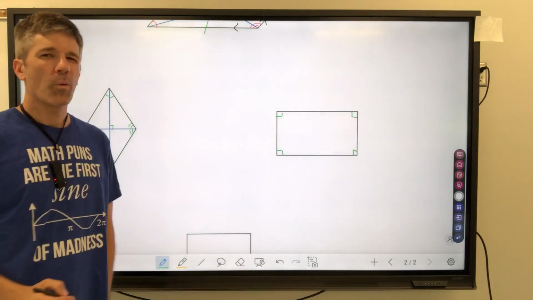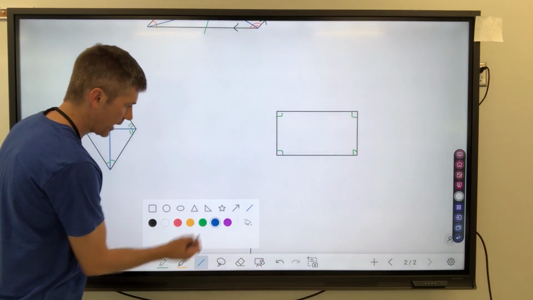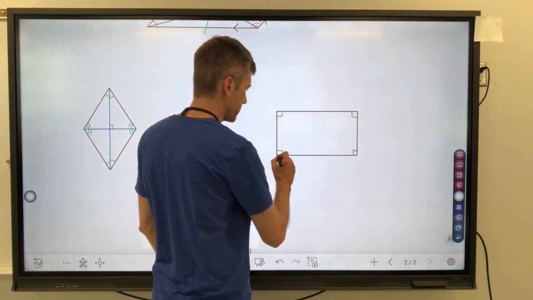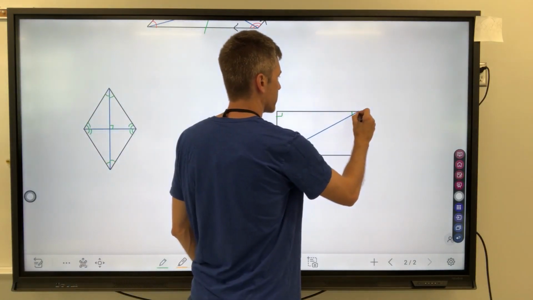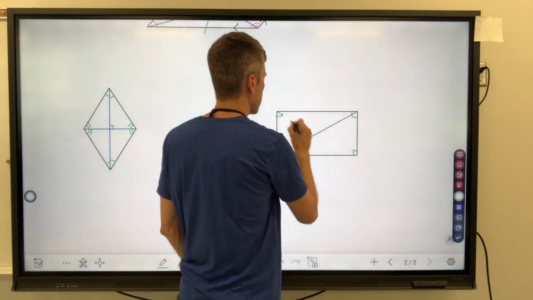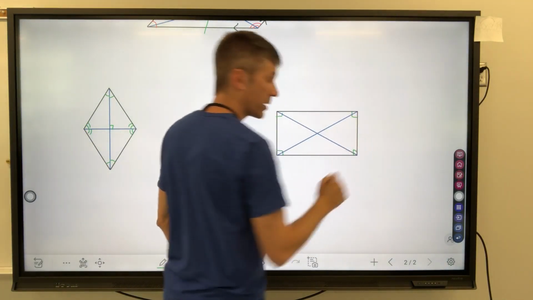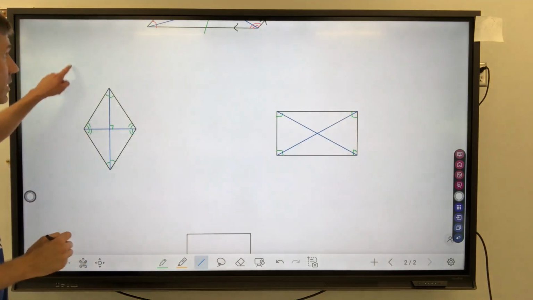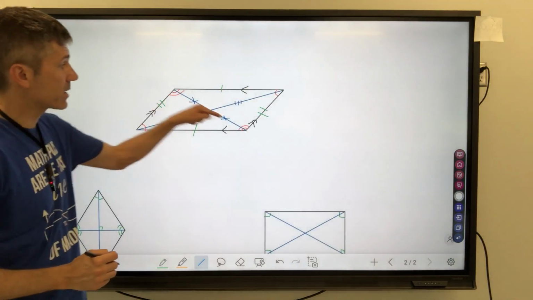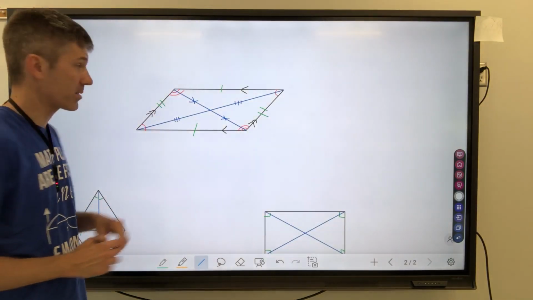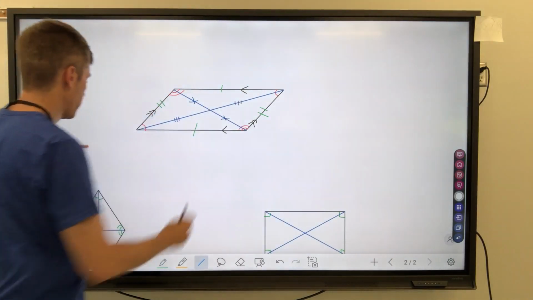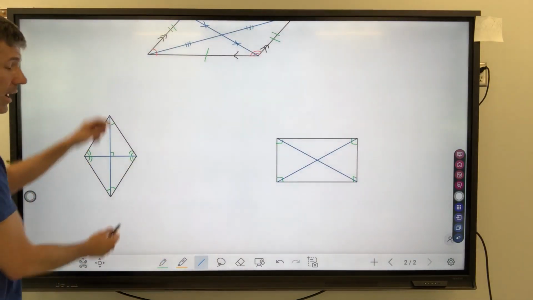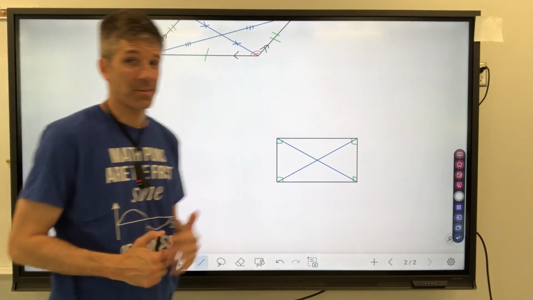And one more thing. The diagonals, which will be blue, are going to be congruent. This diagonal equals that diagonal. Up until this point, all the parallelograms we've dealt with had diagonals that were not necessarily the same length. This one was shorter than that one. Well, now they are the exact same length.